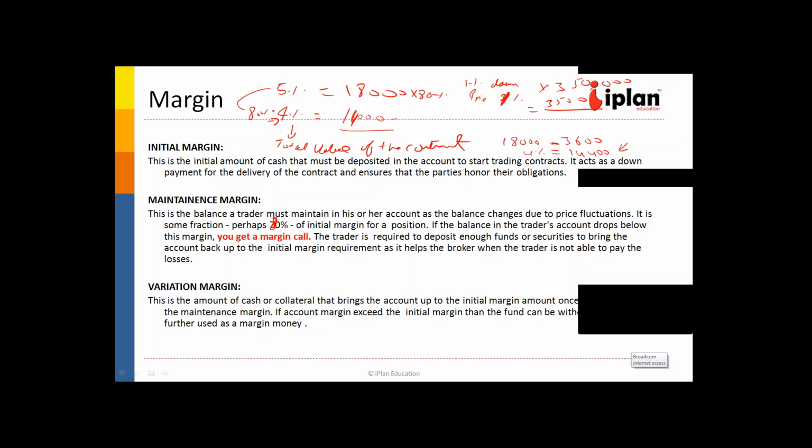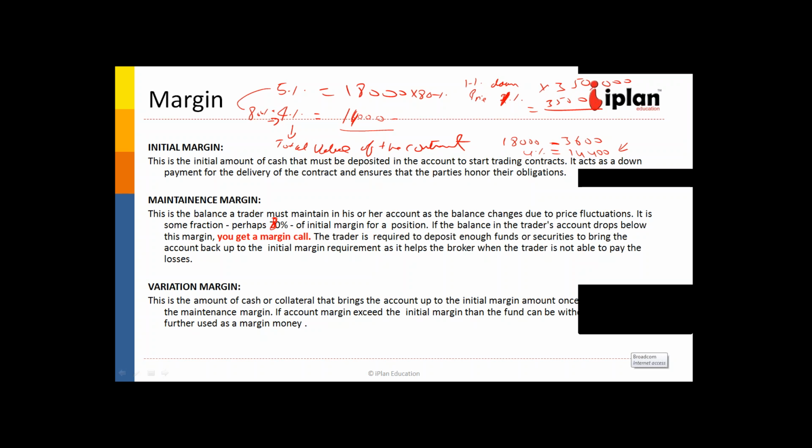I'll tell you one thing, that's a strategic decision. Few people would like to come out because they think it's their automatic stop loss. Few people want to remain in the trade and they put more money to maintain the balance. That's a strategic decision.